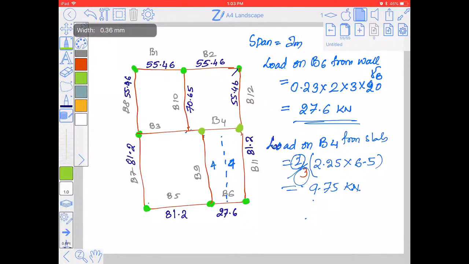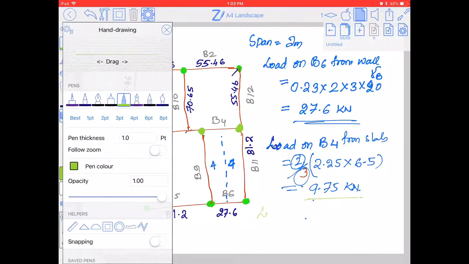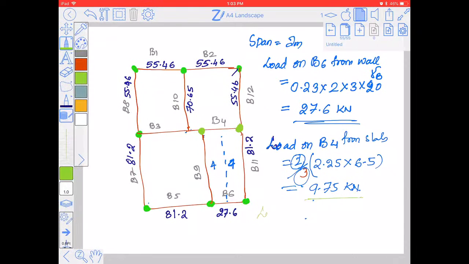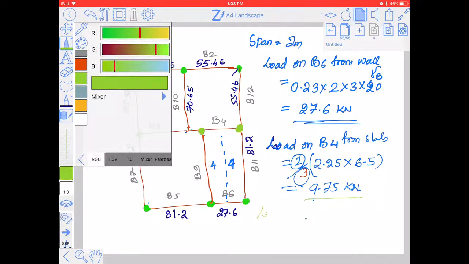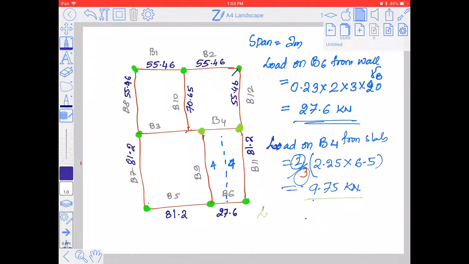So the load on B4 from the slab is 9.75 kilonewton, and the load on beam B4 from the wall is equal to how much?